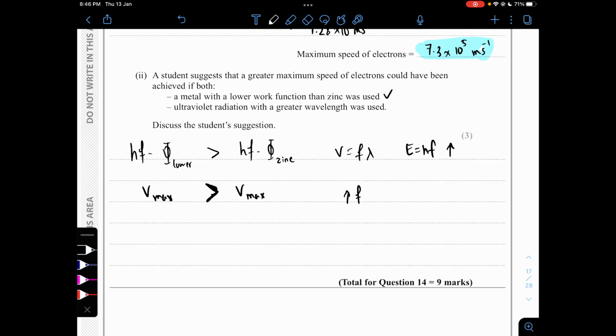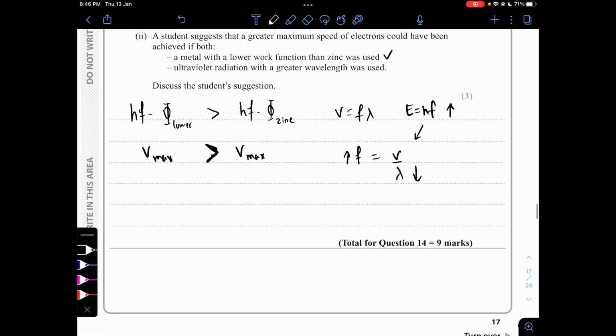We need to increase this. So we have to decrease the wavelength to get a higher hf, to increase our hf. So to increase speed, we need a smaller wavelength.